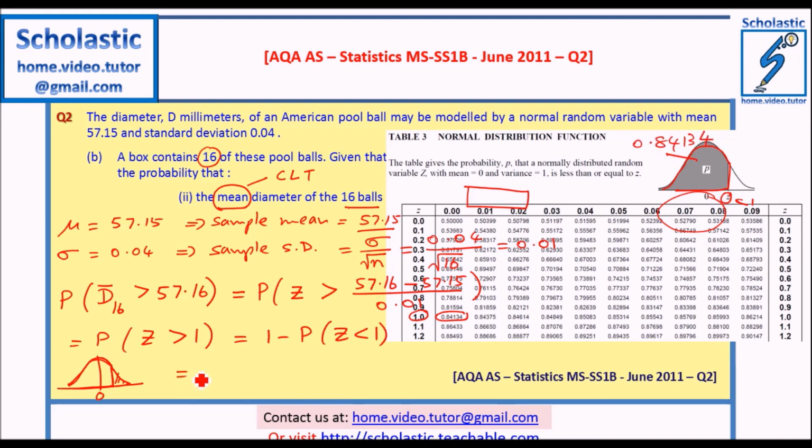That means 1 minus, because what we need is the area of z greater than 1, this area, that means 1 minus 0.84134. When you simplify here, you'll get the answer to be equal to 0.159 to 3 decimal places. So this will be about 4 marks. This is a 4 marks question.